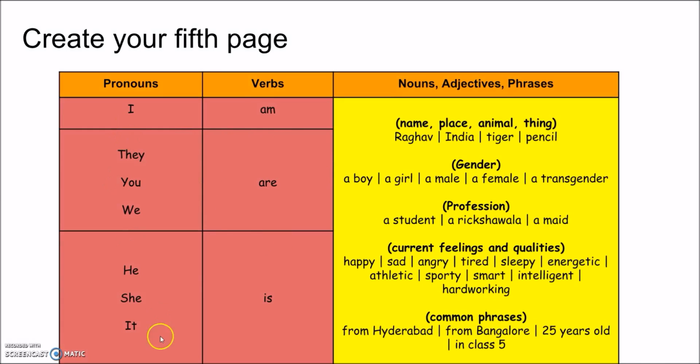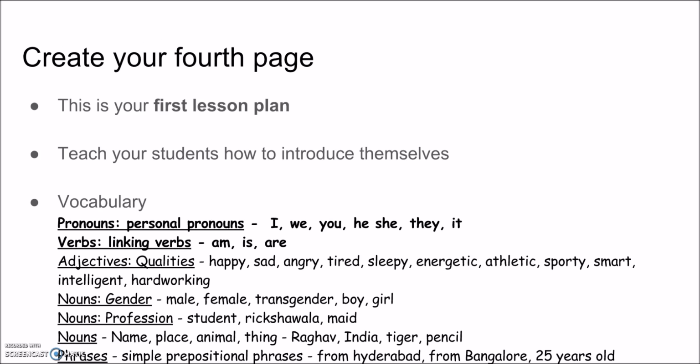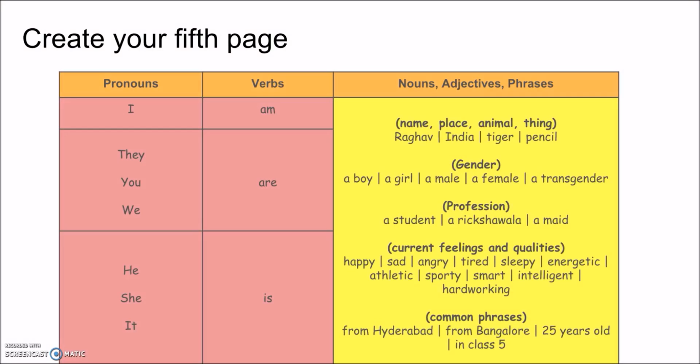So that's what we have in the first 2 columns, and the third column is where you get all your interesting stuff in. All these categories that you have on the last page have been arranged vertically in the third column. So that's the arrangement. So how are you going to form sentences from that? So let's say, I am my name, I am Raghav.